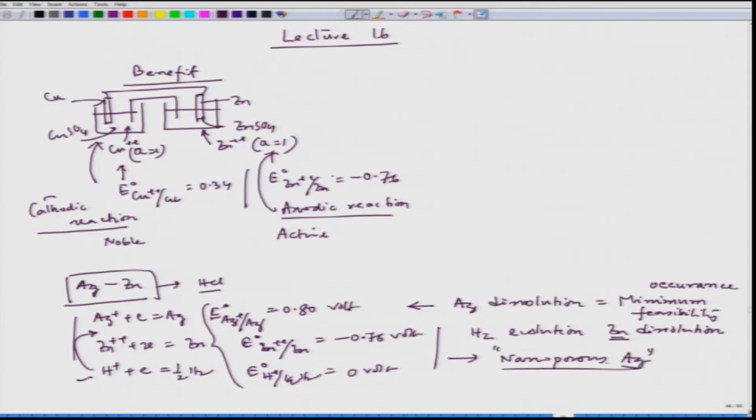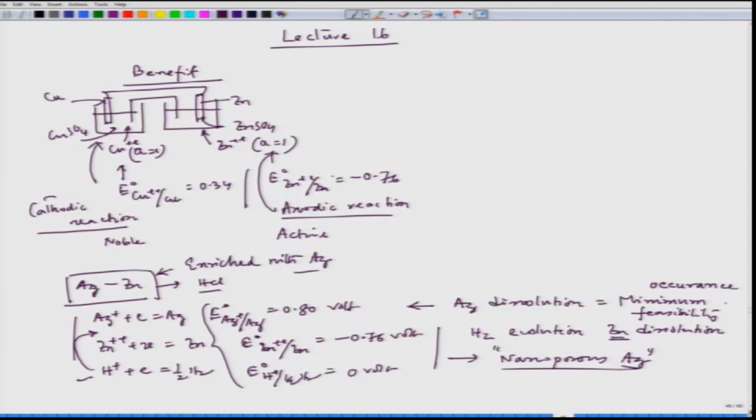Silver is not dissolving, rather zinc dissolves, and that makes this alloy enriched with silver. And of course, we will see hydrogen evolution reactions on the surface of that zinc silver alloy. That information also we can snatch out from this.